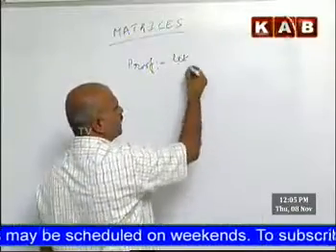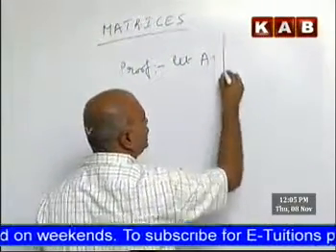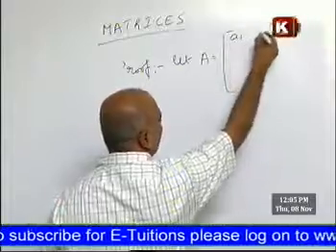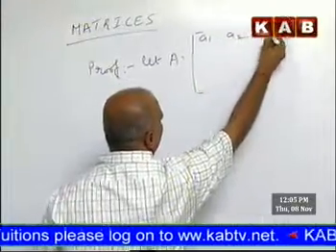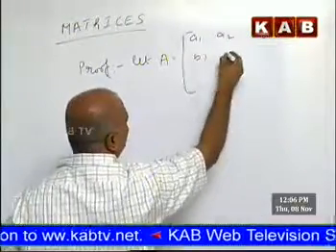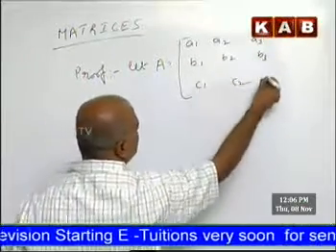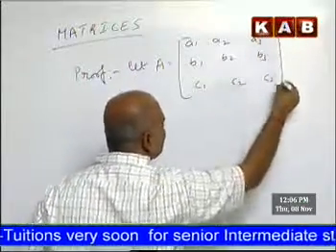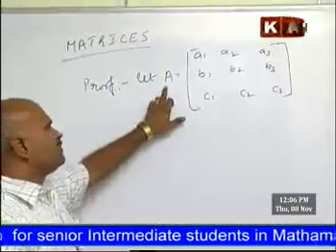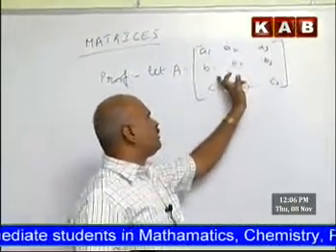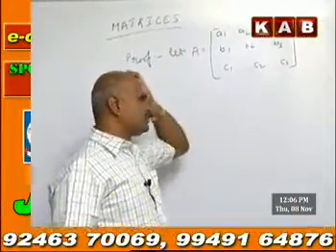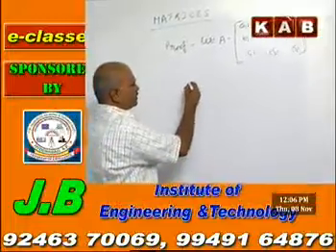We have to assume that A is equal to the matrix with rows A1, A2, A3; B1, B2, B3; C1, C2, C3, a non-singular matrix.